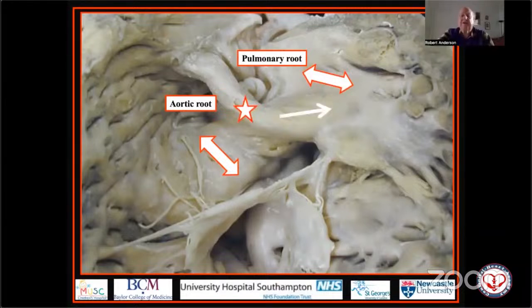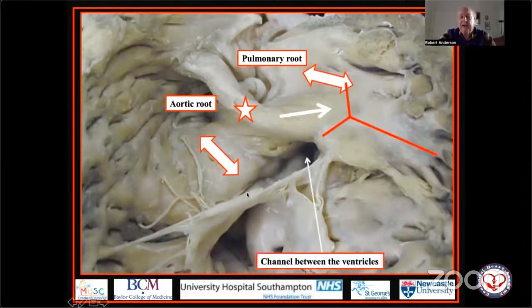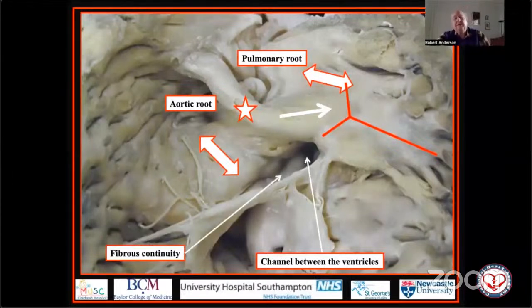But when we trace the muscular outlet septum in this particular heart, we see that it inserts between the limbs of the septomarginal trabeculation. And it is that feature that tells me the defect you are seeing here, the channel between the ventricles, is opening, in fact, between the ventricular inlets. Despite that, it has a muscular posterior inferior border. It is a perimembranous defect.